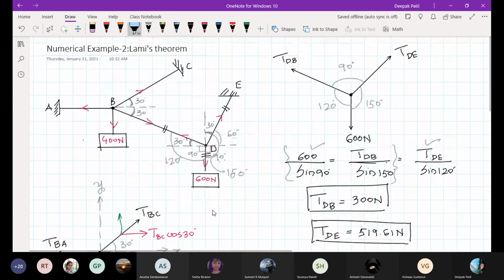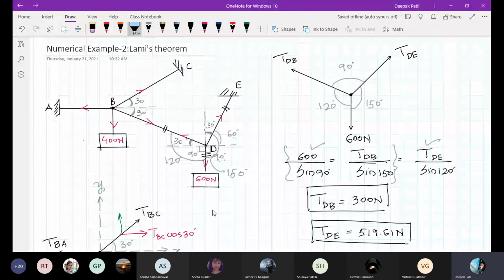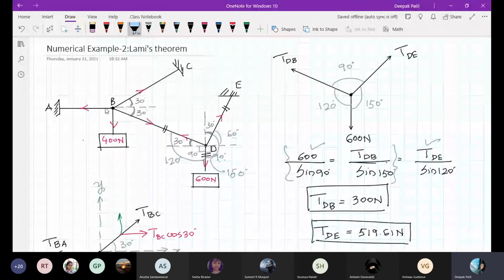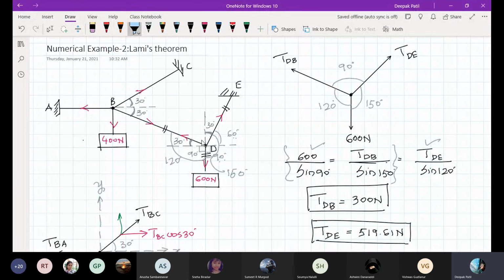Apart from that, the main thing here is, whenever these types of problems are given, first you have to see a point where you can apply Lami's theorem directly and find out the unknown forces. Then you have to go for the other point where you cannot apply Lami's theorem. Suppose in this numerical example itself, instead of going for point D, if you had gone for point B, what would have happened?